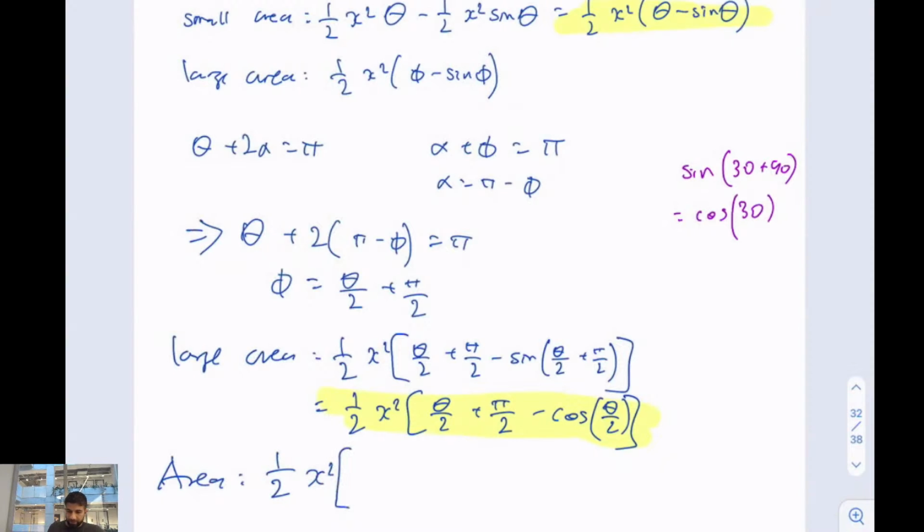Then we have got theta plus theta over 2, that's 3 theta over 2, plus pi over 2, that's this one. Then we have got minus sine theta minus cos theta over 2. So that's your final expression for the two areas added together.